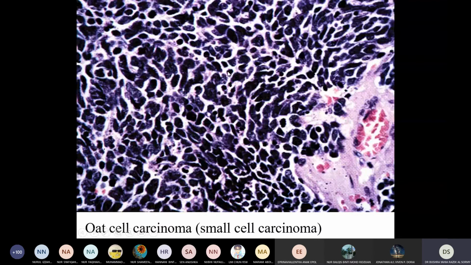Round cells, small, they are bigger than the lymphocyte, and they have scanty cytoplasm, and most of the cell is occupied by darkly stained nuclei. So we say nuclear molding. Can you see the nuclear molding? The nuclei are facing each other. This is nuclear molding there.